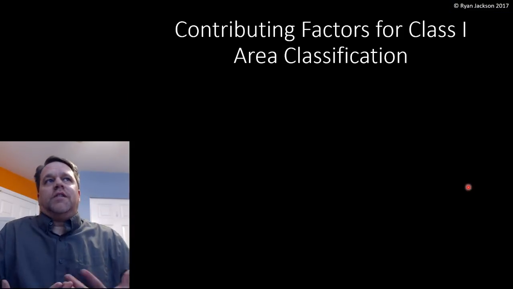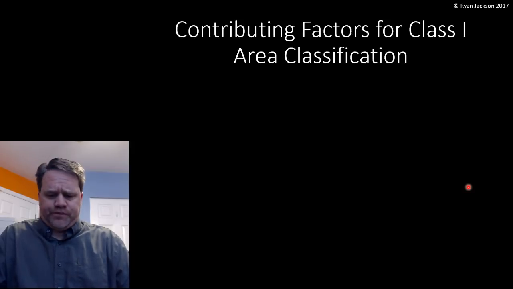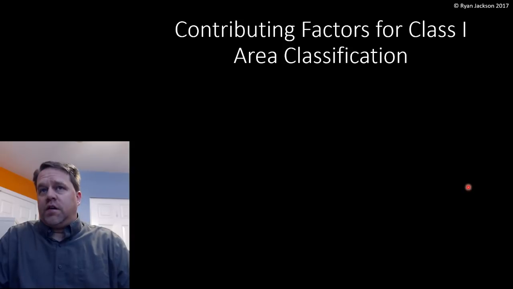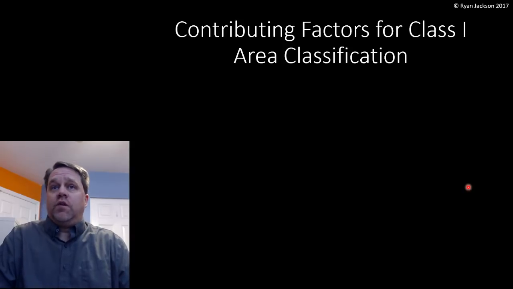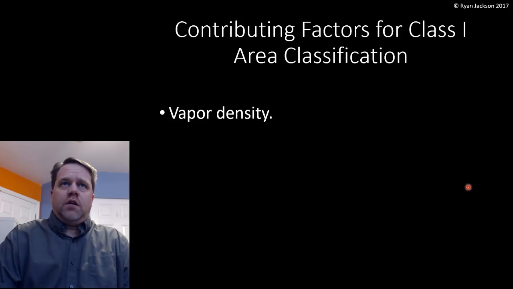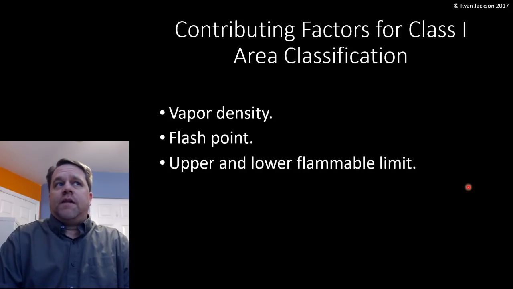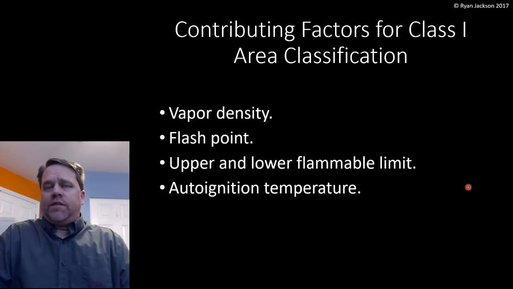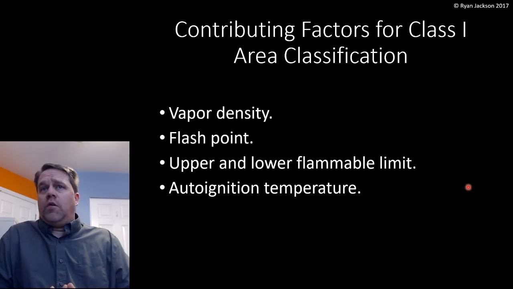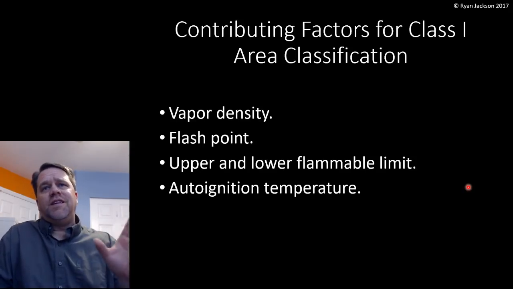When we start classifying a Class 1 location, we need to know the different characteristics of the chemical compounds that we're dealing with. For the most part, what we need to know is vapor density, flash point, upper and lower flammable limits, and auto ignition temperature. There are some other characteristics we might need to know, but these are the main ones.